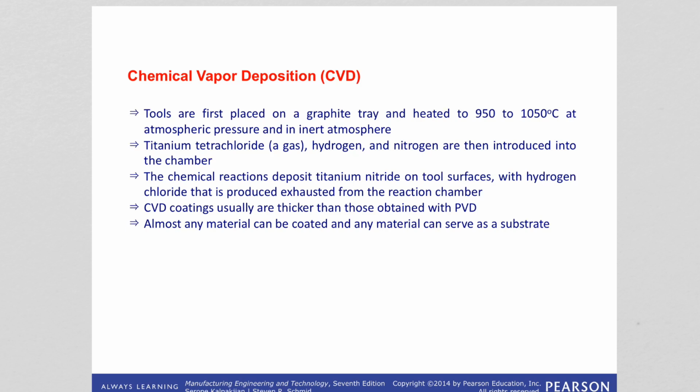The tools are heated under an inert atmosphere until the coating temperature is reached. Typically, we use this technique for coating of cutting tools with titanium nitride. So that's why we are going to give an example based on that in order to understand the process. So this is going to happen, again as we talked, in an inert atmosphere.